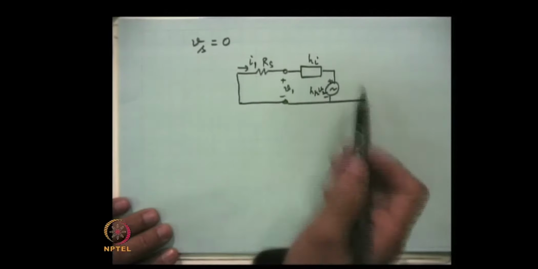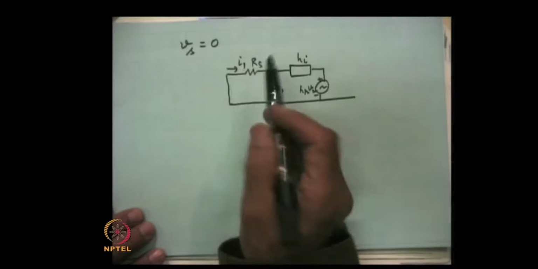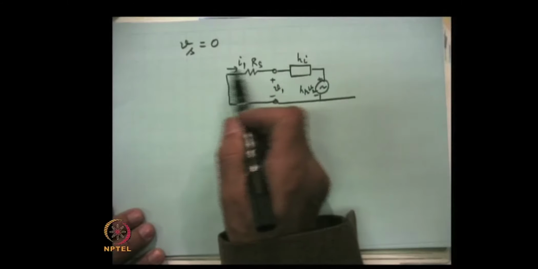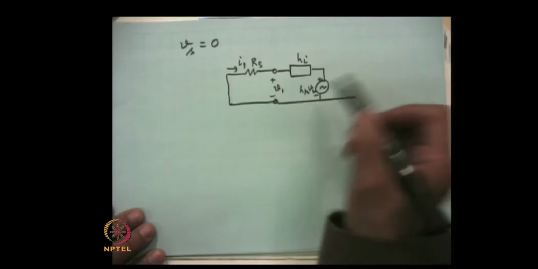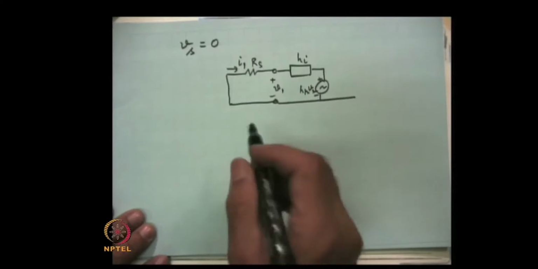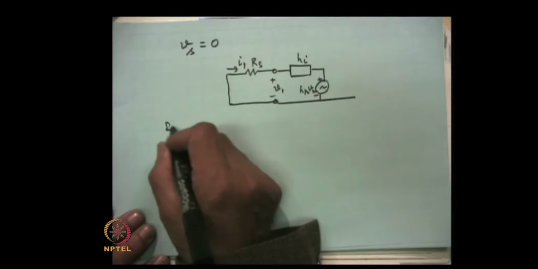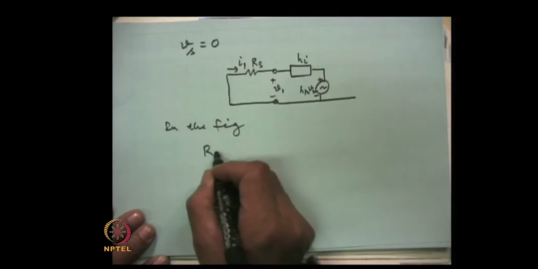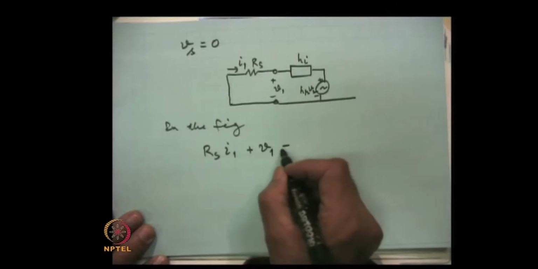Now, this is the situation when we put V s to ground, to 0. You may say that if this is 0, from where will this I 1 come? This will come because of the source V 2. So there is a finite value of this current, and in this figure we get R s I 1 plus V 1 equal to 0.